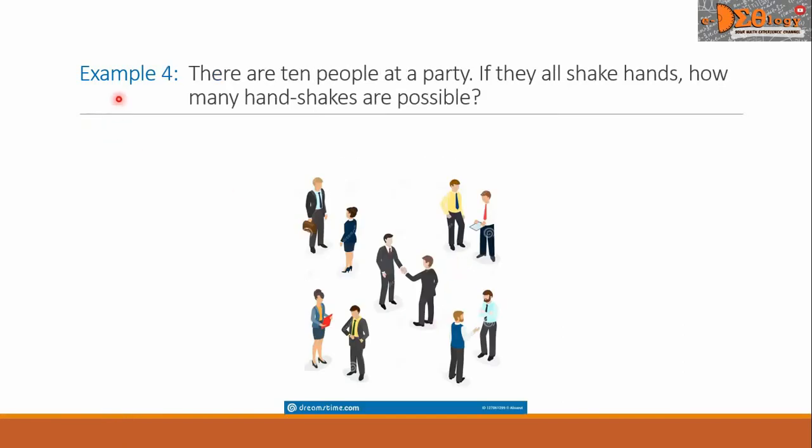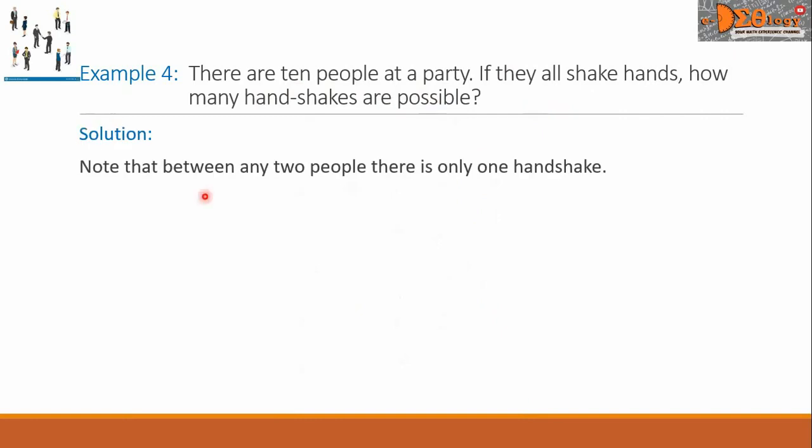Let us see example 4. There are 10 people at a party. If they all shake hands, how many handshakes are possible? In this case, we note that between any 2 people, there is only 1 handshake.